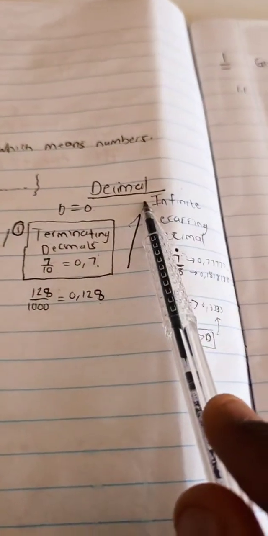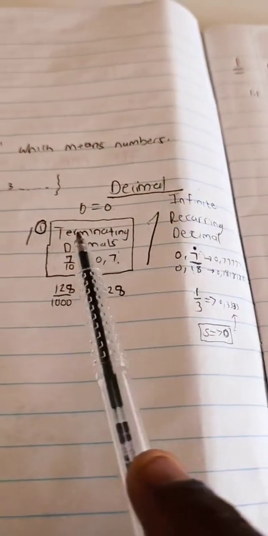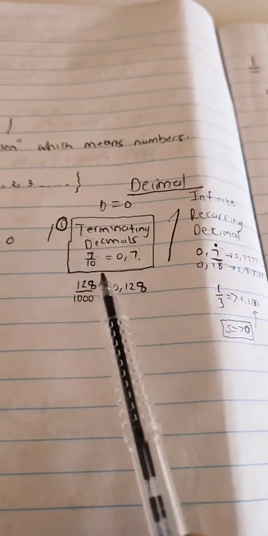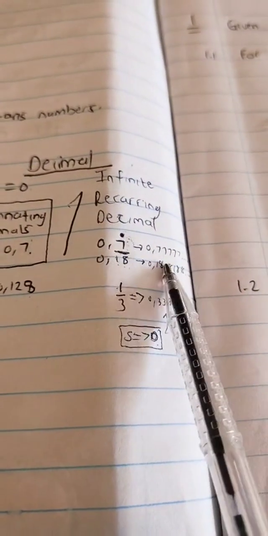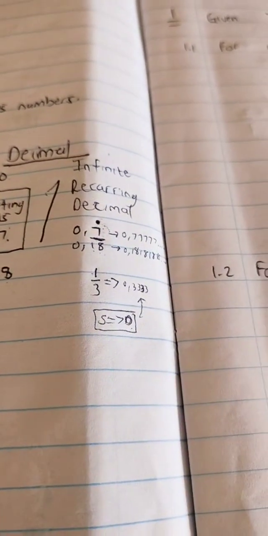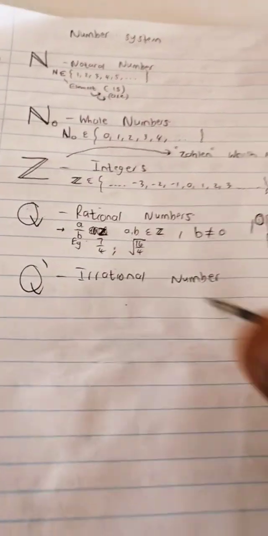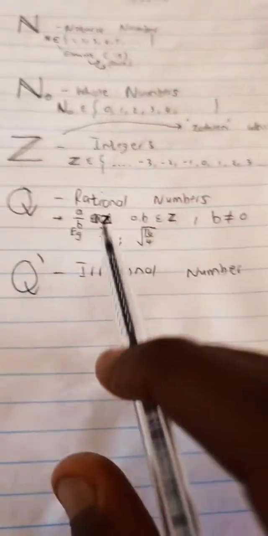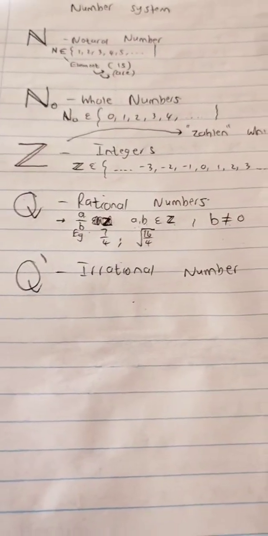So when we look at decimal numbers for your rational numbers, there are two types. There are terminating decimals, which I've explained what they mean, and there are infinite recurring decimals, and I've explained what those also mean. All right, and then let's go on now to irrational numbers. Irrational numbers are numbers that cannot be written in this way.